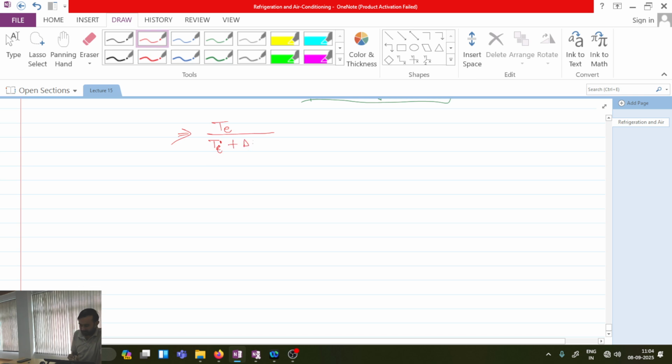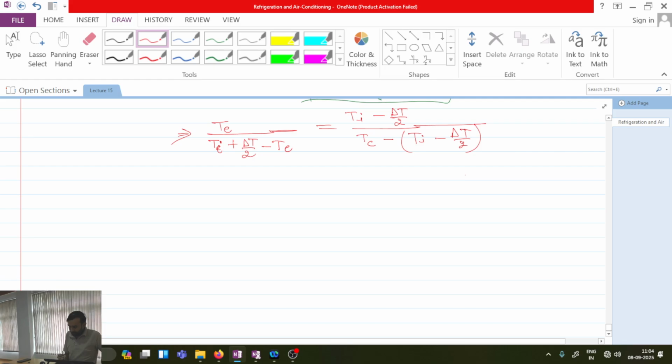Ti plus delta T by 2, minus Te. Is this one clear? And this has to be equal to the COP of the top cycle. So for the top cycle, the evaporator has to operate at Ti minus delta T by 2, upon condenser temperature minus evaporator temperature. How have I written this? Is it clear to all?